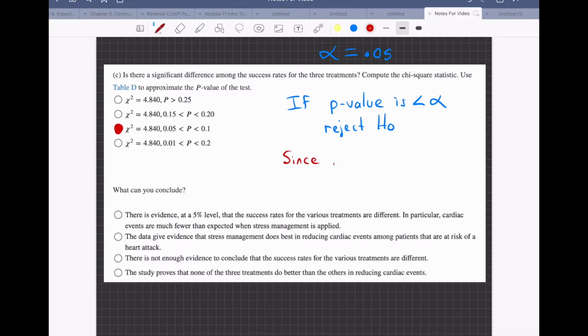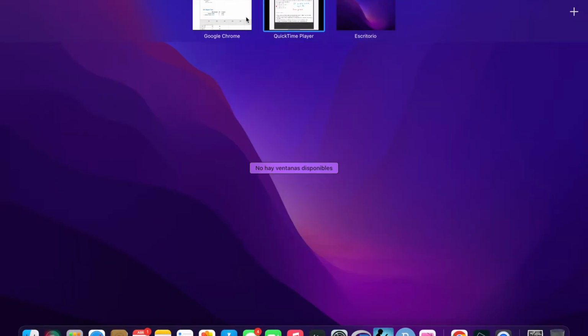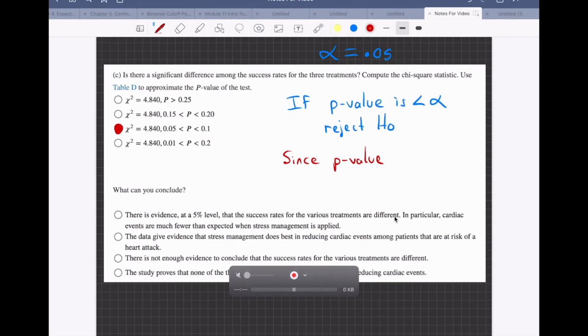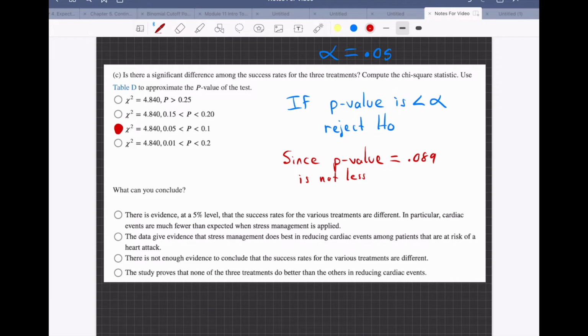Since the p-value, that in our case is 0.089, is not less than alpha equal to 0.05, we don't reject H null.